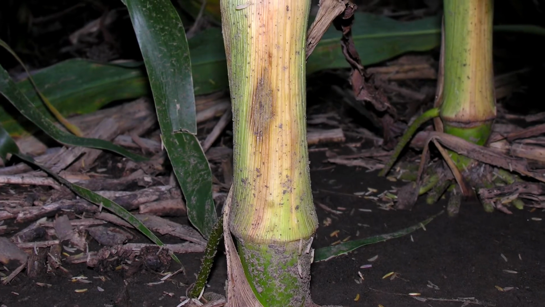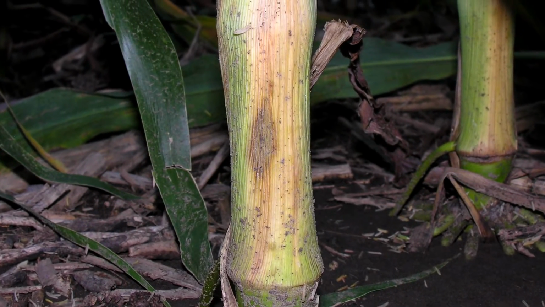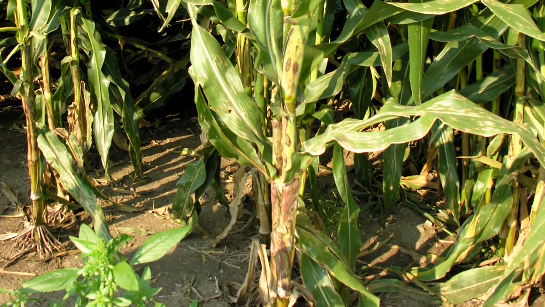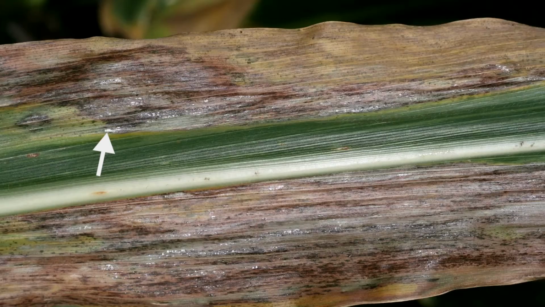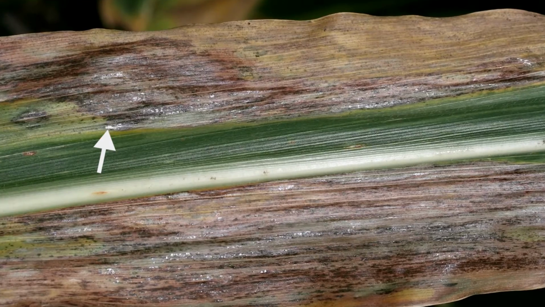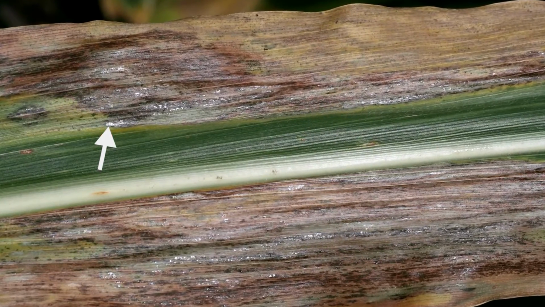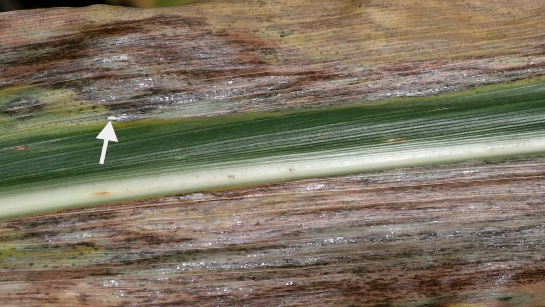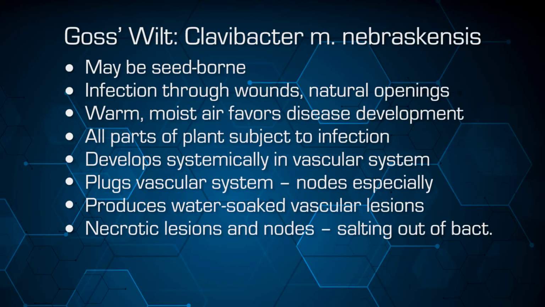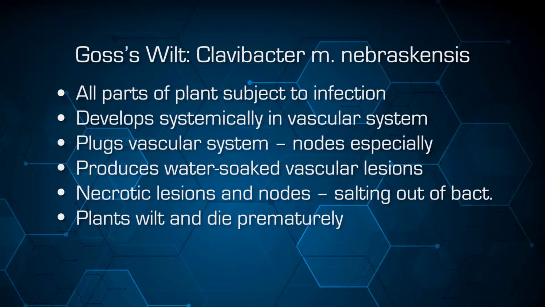The bacteria is able to multiply and grow to the extent that it actually seeps out of the tissue and appears as a salt-like deposition on the outside of the tissue, and we call that a salting out effect, a typical characteristic of the Clavibacter nebraskaensis pathogen, in this case the bacterial pathogen causing this disease.